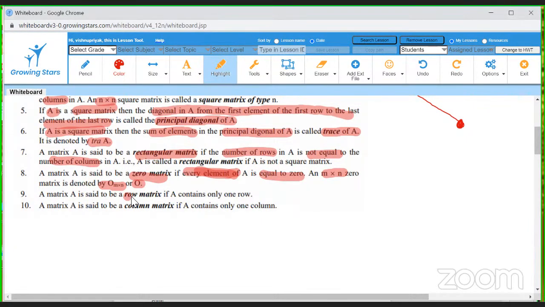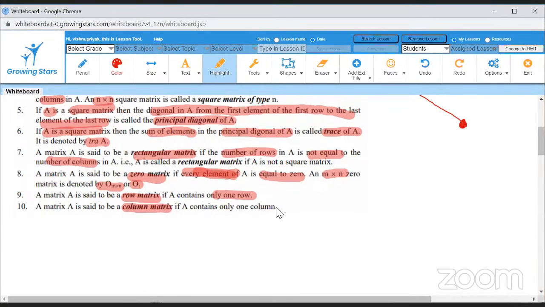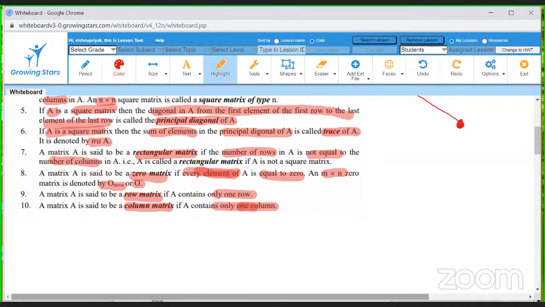Row matrix: the matrix has only one row. Column matrix: the matrix has only one column. Okay, next.